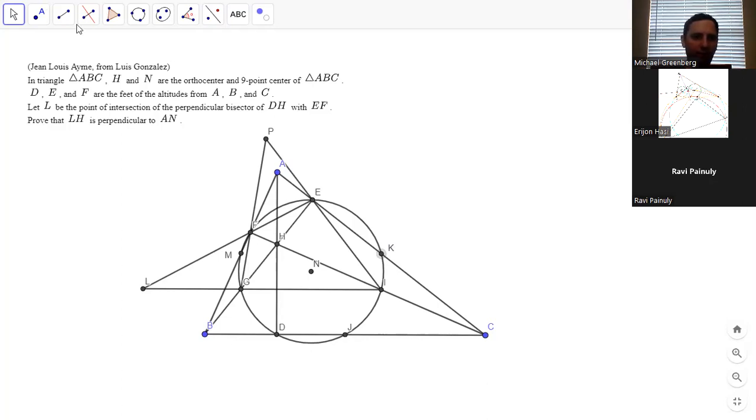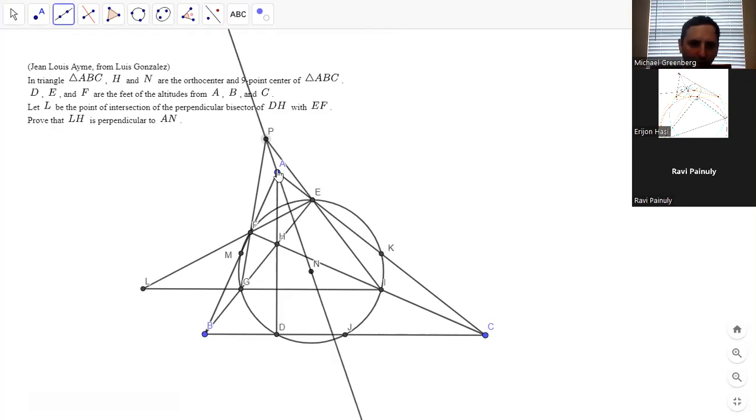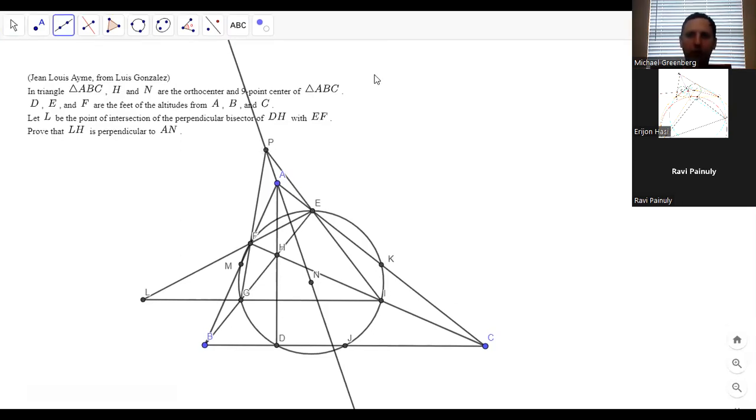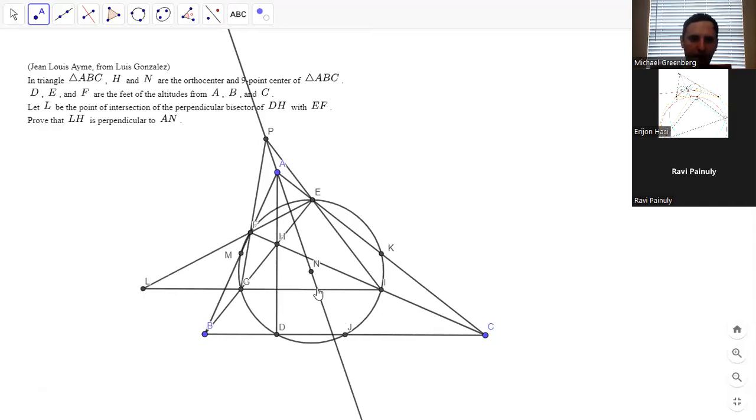Is there something special about this line? Let's see. No, J's not on the line. I wonder if there's something special about it. Is there something special about either of these points? I don't think so.